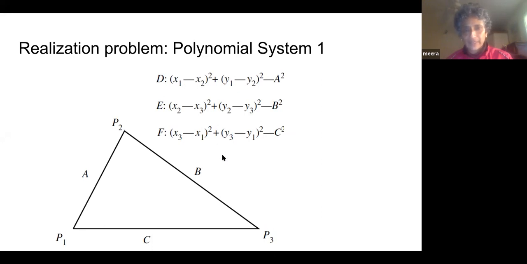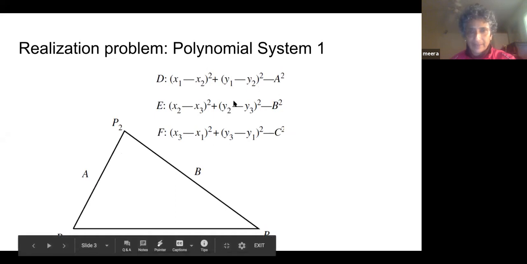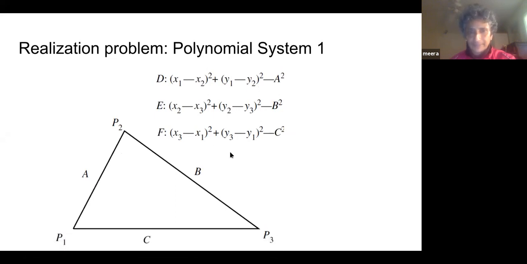In this case, we're looking at realizations on the plane. In addition, we're going to be looking at planar graphs, which are topologically planar graphs, but we'll come to that later. So we want to find the coordinates of these points in such a way that the given distances are met. The polynomial system that we'll be concerned with looks like this.